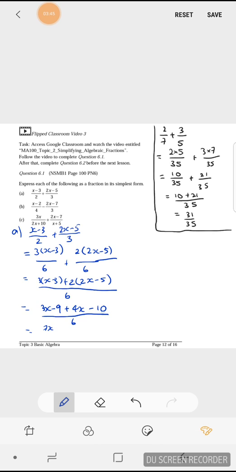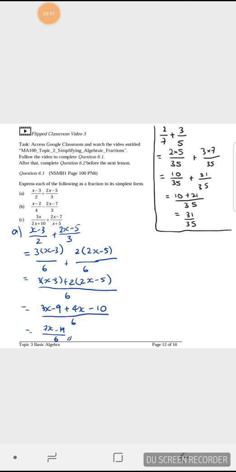Minus 9 minus 10 will give you negative 19. And this would be your answer. Okay? Very good. So this process, you realize, is very similar to what you have learned in primary school. It's not much difference. The only thing that you have to use now is the techniques of expansion, and also to make sure that you can identify what is the LCM.